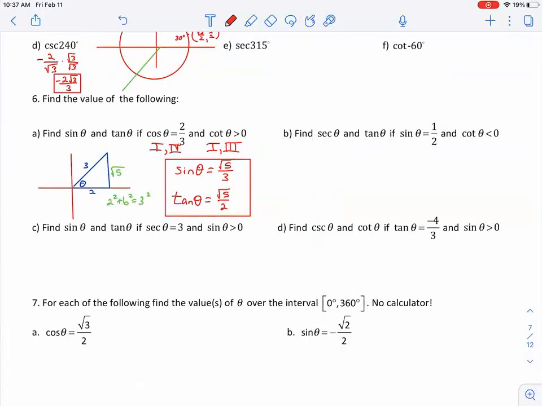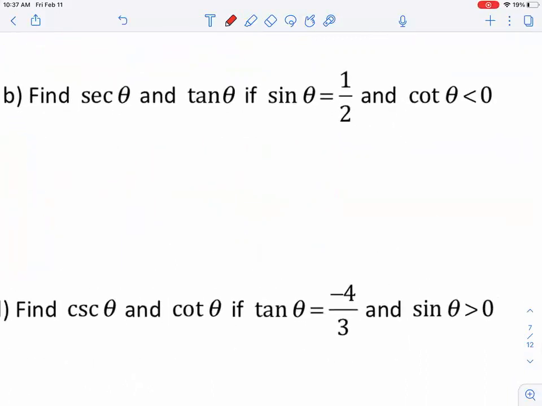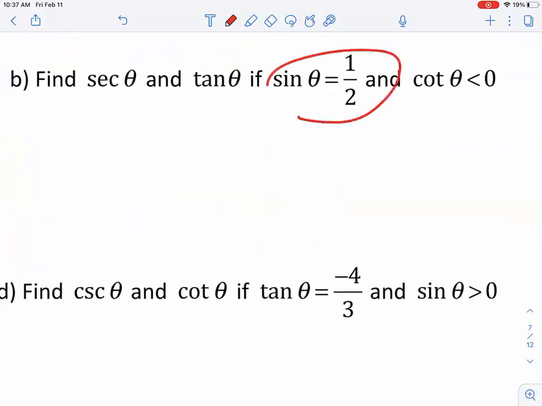So let's do the same thing for part B. Let's first determine what quadrant we're in. If the sine is 1/2, meaning it's a positive number, remember the sine is the y value, so that means it's in either 1 or 2. And the cotangent is negative, that means it's either in 2 or 4.